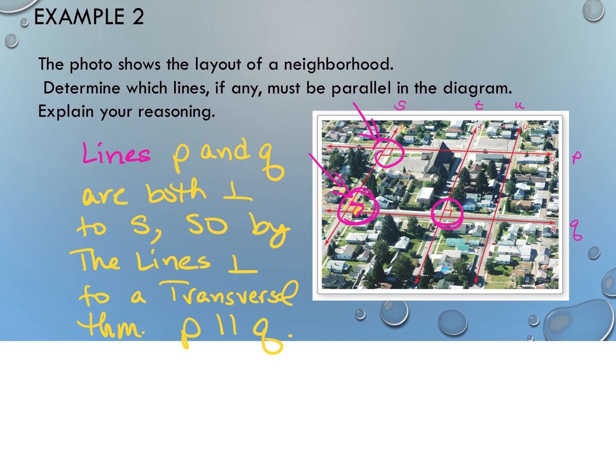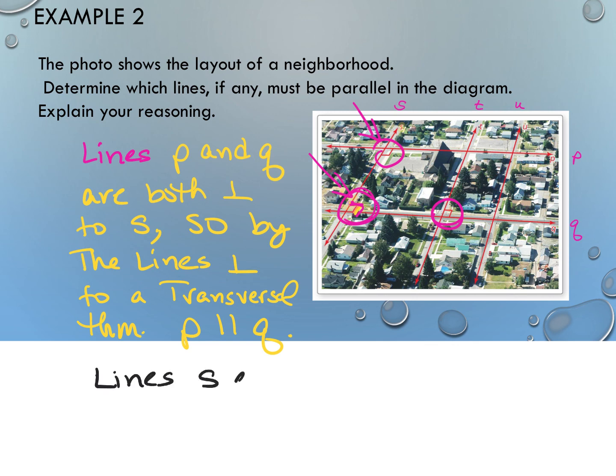I could also say that both S and T are perpendicular to Q. So by the same theorem, the lines perpendicular to a transversal theorem, I could state that S is parallel to T. So let me go ahead and write that down.